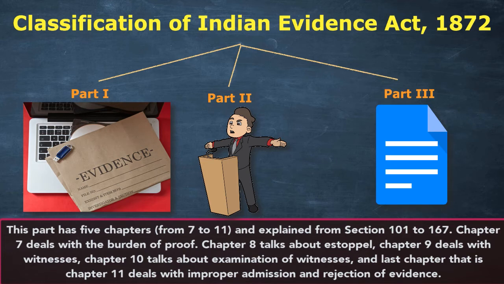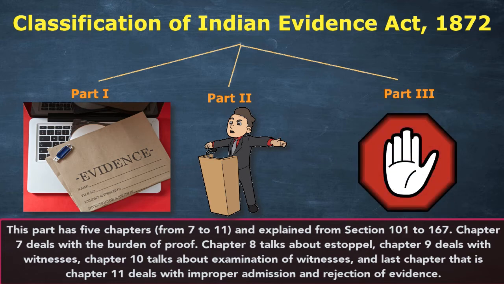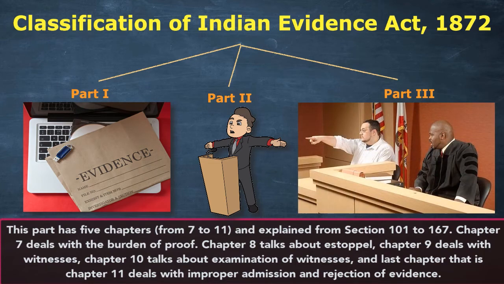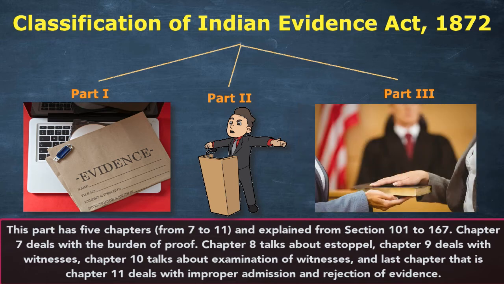Chapter 8 talks about estoppel. Chapter 9 deals with witnesses. Chapter 10 talks about examination of witnesses. And the last chapter, chapter 11, deals with improper admission and rejection of evidence. So this is all about the Indian Evidence Act in brief.